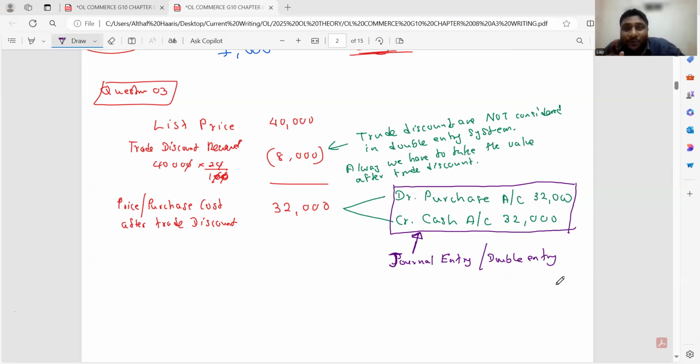But you don't follow that method for the school term test, because school term test exams are marked by your school teachers. So they might cut the marks, not in your O-level exam. Don't worry. Whatever I'm teaching here, you can directly use it for the O-level exam, but not for the school exam. Always prioritize your school teacher over me when it comes to the school exam, because school exam papers are marked by school teachers.